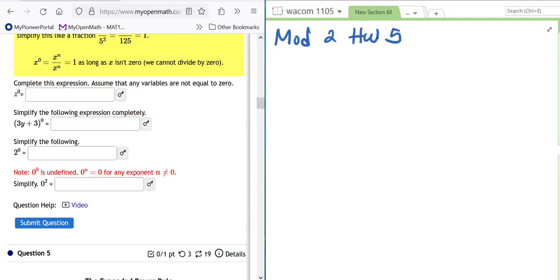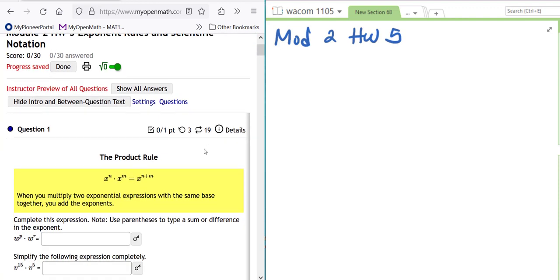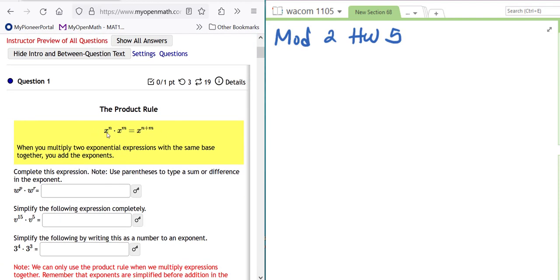A lot of these first ones have the rules. They're kind of a teaching thing, which you should have reviewed already. And this is like base is multiplied, keep the base and add. And they just want you to do these, keep the base and add.